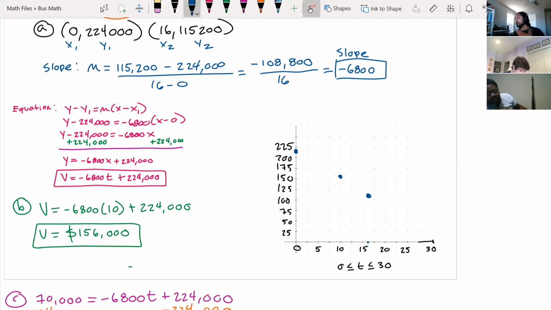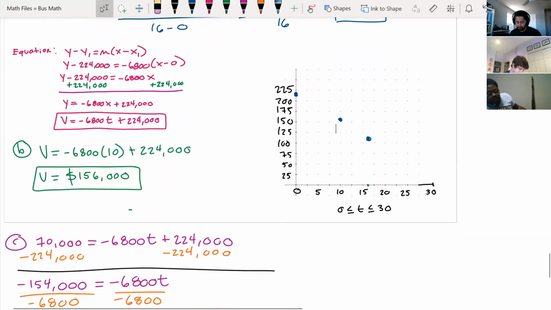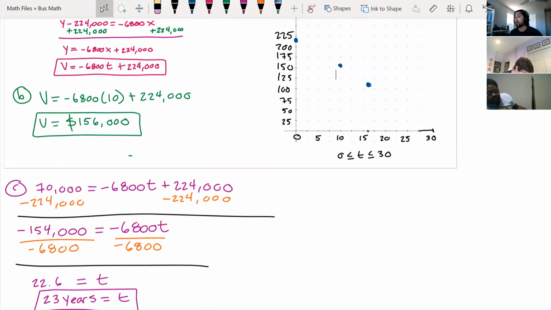And then we have one more point we can illustrate. It's actually from problem C. After 23 years, how much was this boat worth? 70,000. 23, obviously that'd be 22.5.